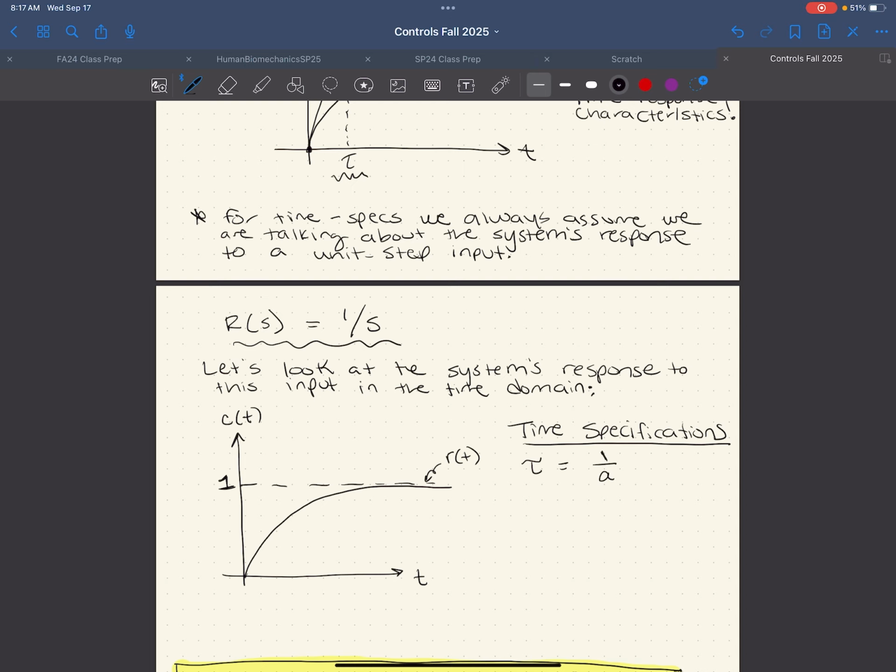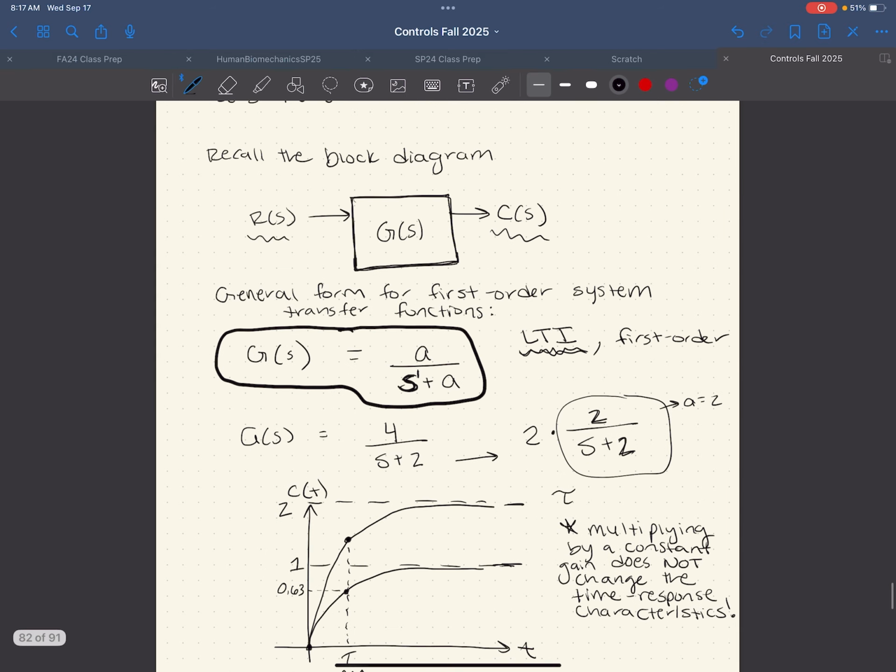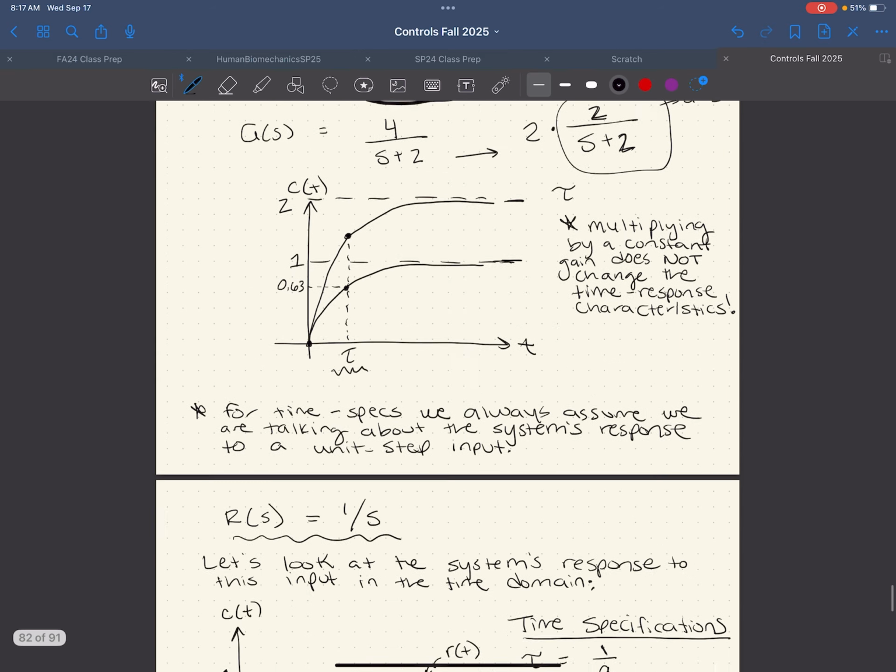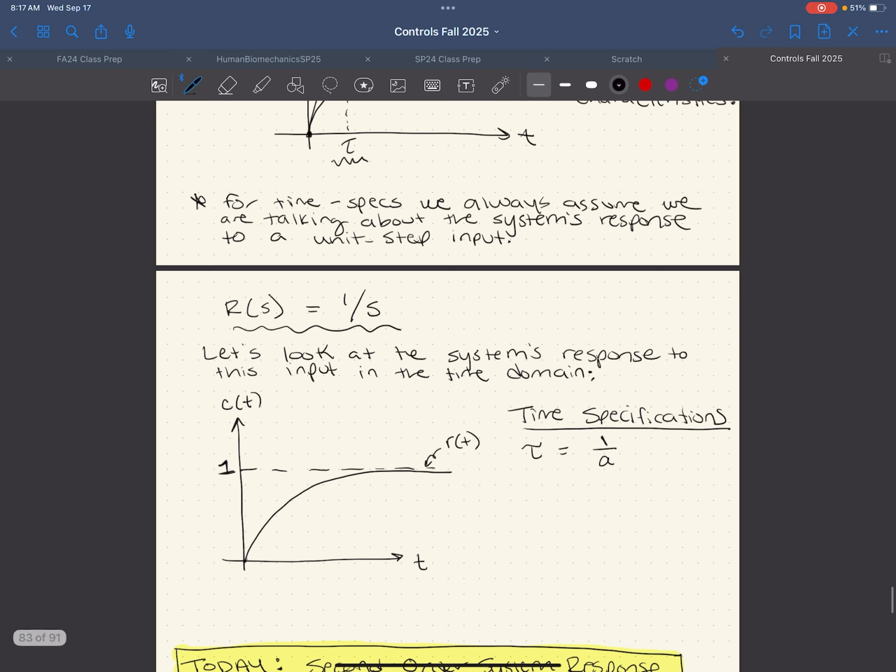And a here refers to this a in the general form of our transfer function. And this is our time constant. We said this is the amount of time it takes for our system to get to 63.2% of the final value.